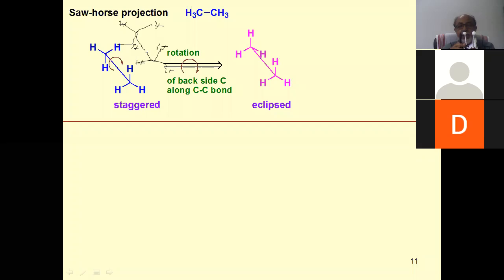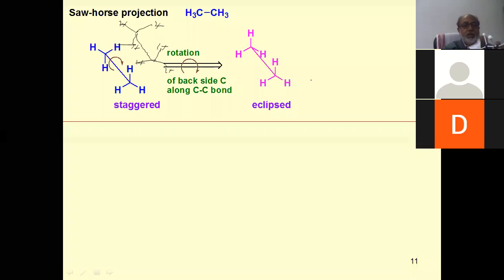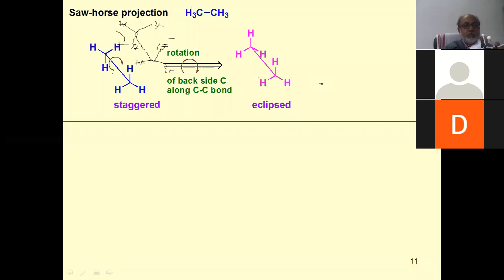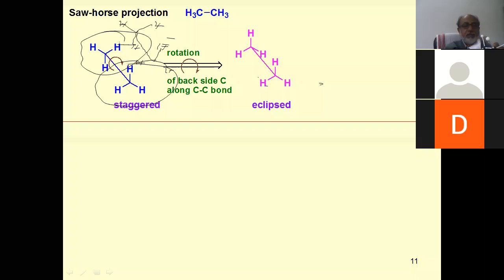And when we see the second one, the first one, suppose, I write one CH3 group is here, just see, it is present like this. This is the back side and this is the front side. So the back side, this hydrogen is going down, this is coming on the right hand side, this is coming on the left hand side.